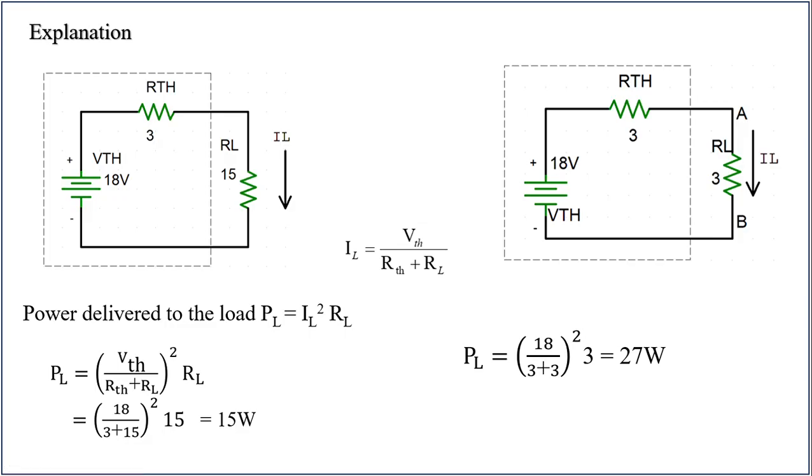When you compare this power and this power, the power delivered is more here, though the resistance value is less. So it is very clear that if load resistance is made equal to Thevenin's equivalent resistance, the maximum power will be delivered. Right? Let us apply this on another circuit.